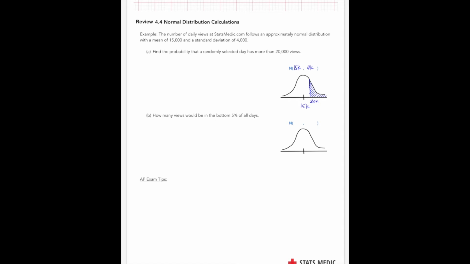So my test statistic ideally is this formula, which translates to z equals x bar minus mu over our standard deviation. Values that I'm going to plug in are 20K minus 15K over 4,000. 5K over 4K is 1.25.